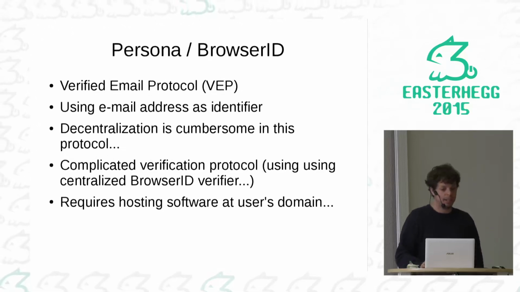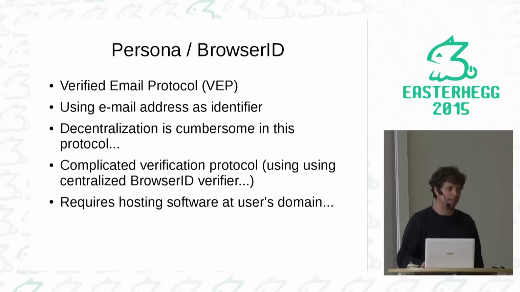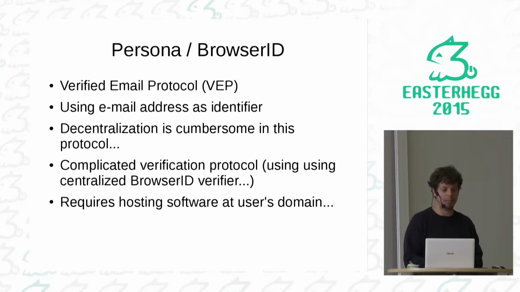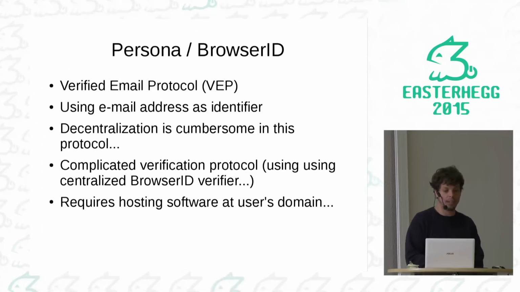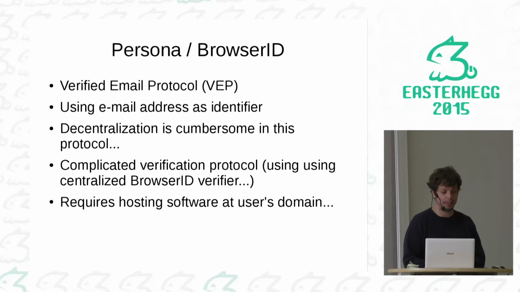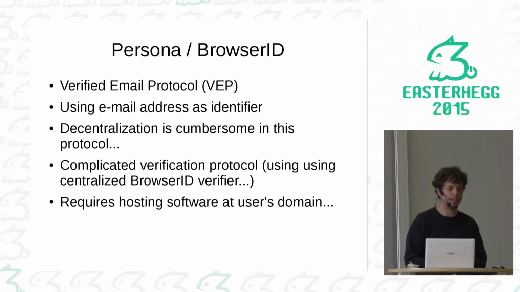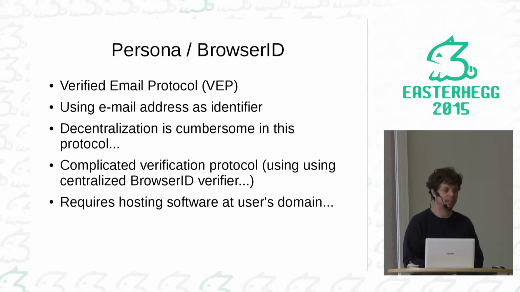Persona Browser ID uses an email address, or actually it's a verified email protocol. So the only thing the servers know is that you own this email address. It turns out that although a number of sites use it, it's quite difficult to make it decentralized. The protocol is quite difficult.